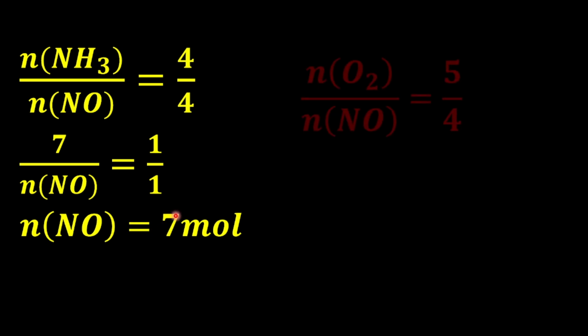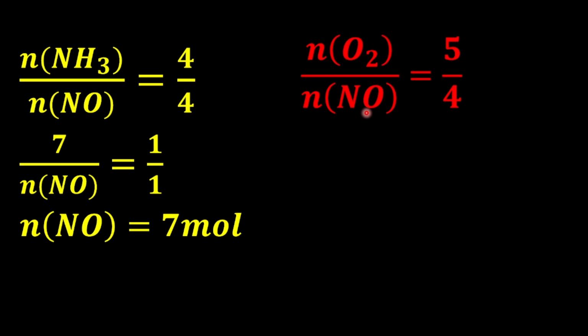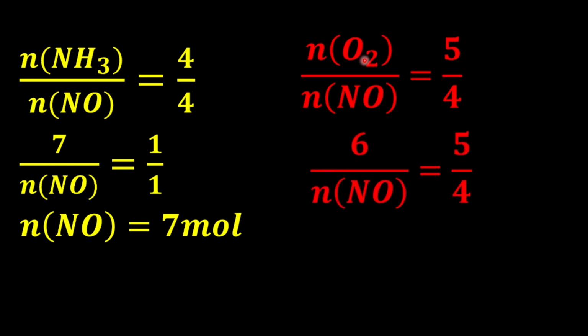Now let's move to that of oxygen. So with the same mole ratio approach, we write N of O2 over N of NO. We want to determine the NO, which is the product, is equal to 5/4. So were we given the moles of oxygen? Oh yes, we're given.